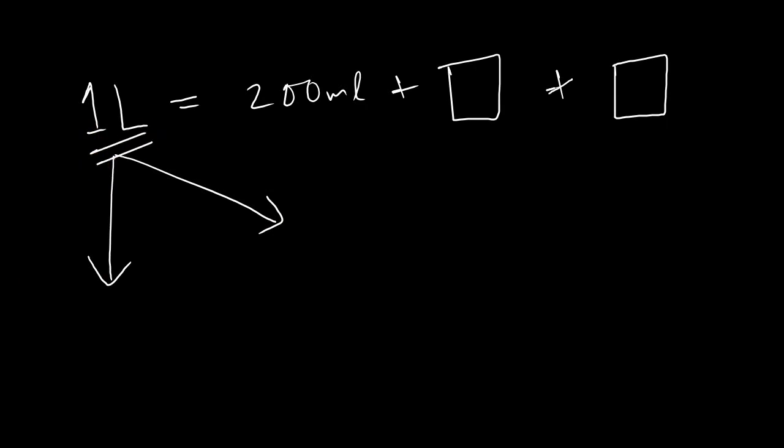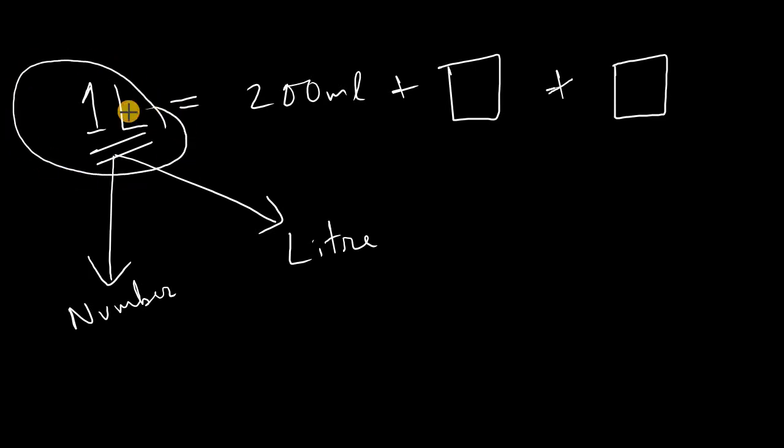You see this number 1L, what does this mean? This 1 is basically a number, and L stands for liter, which is a unit. What is liter? A unit of capacity. So this thing involves two important concepts. So 1 liter denotes capacity, 1 liter of capacity, right?